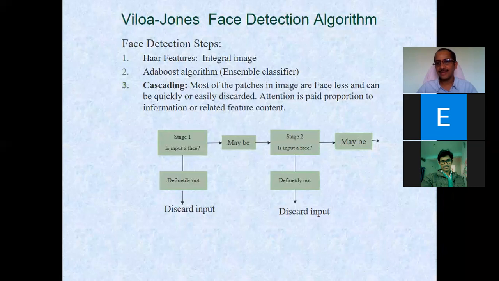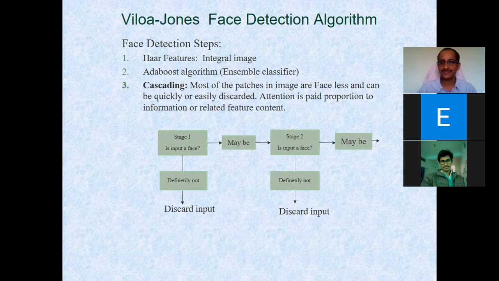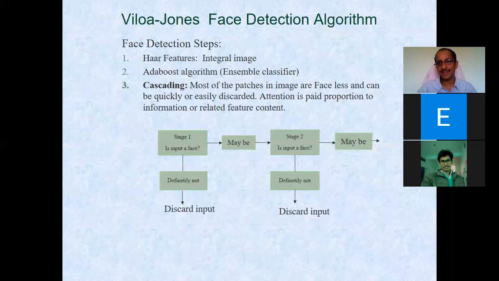Do you think any mathematical measure will help me perform this task? What should I compute in that patch to see whether it is a uniform or non-uniform region? Simple gradient. Gradient, fine, but I want to quantify with a single number. I don't want to have the gradient information at all 30 x 30 pixels.